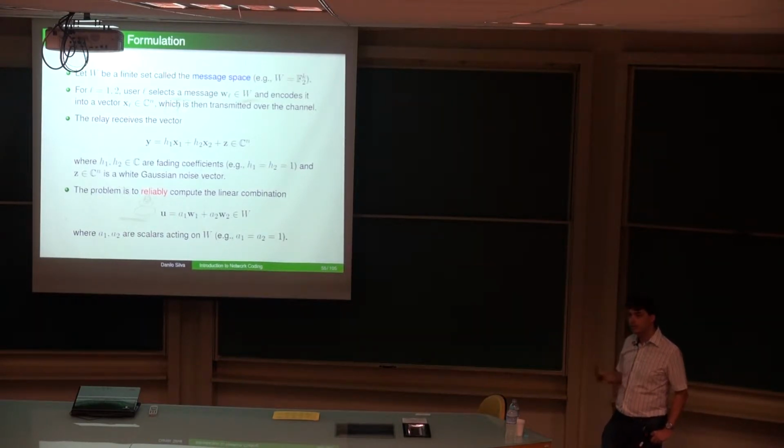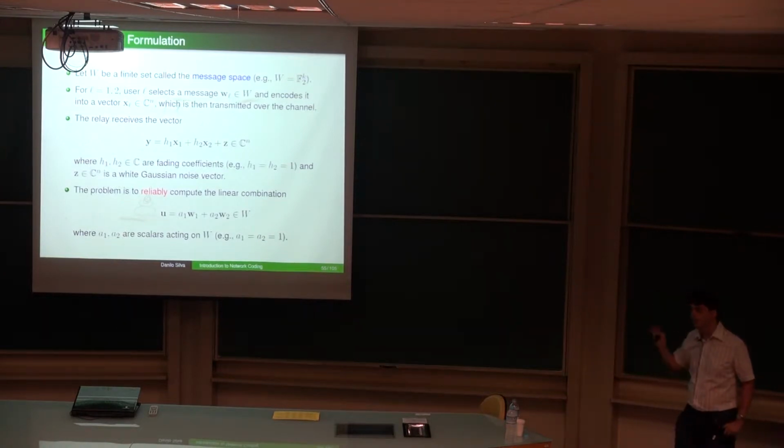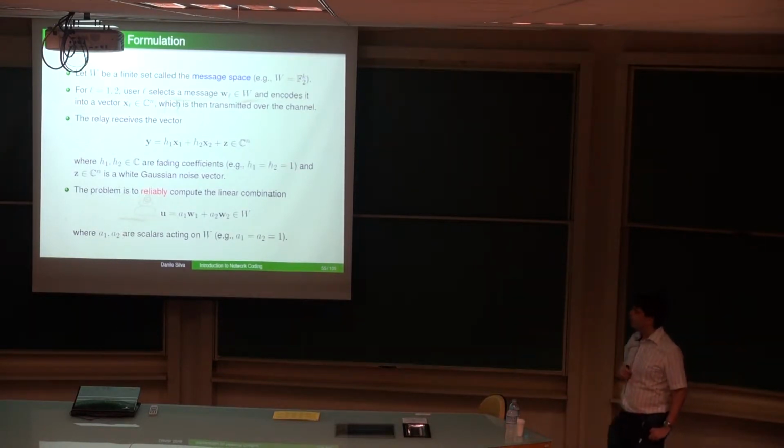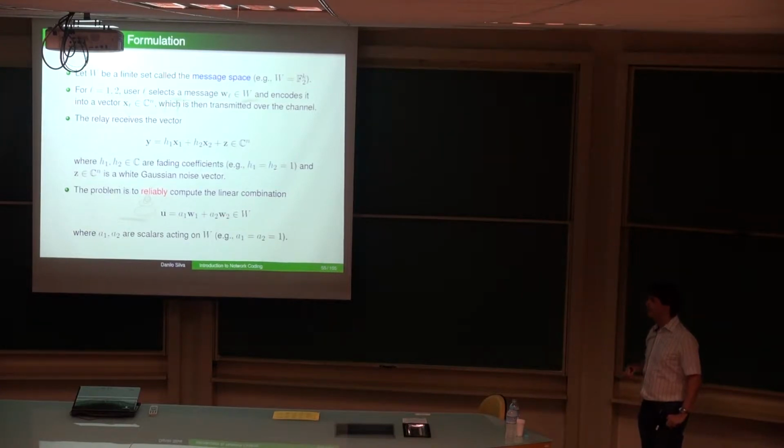We send waveforms, but at the receiver we sample them to get vectors. And essentially there's a vector space isomorphism between the set of all possible transmitted signals and vectors over the complex n-space. Okay, so here the complex numbers are useful because we're transmitting waveforms that have magnitude and phase.